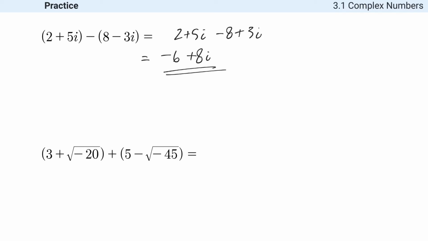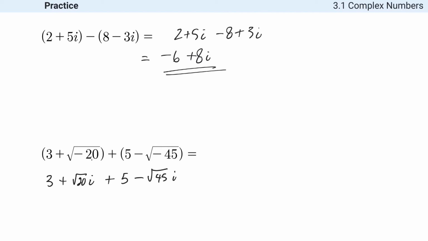For this one might be a little bit tougher. 3 plus square root of negative 20 will be, I could call it root 20 i, but I might be able to simplify that. Plus 5 minus, this will be the same as the square root of 45 i. These ones didn't come out even, but I wonder if I'll be able to collect them.